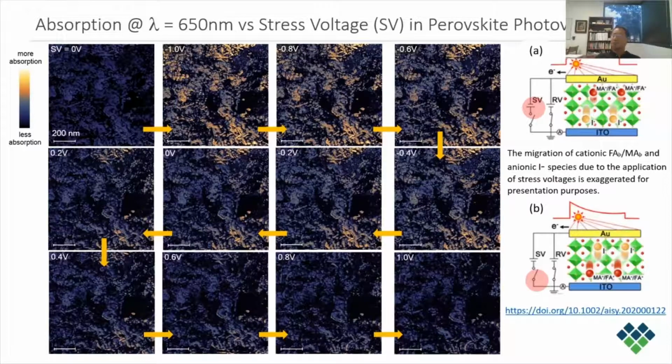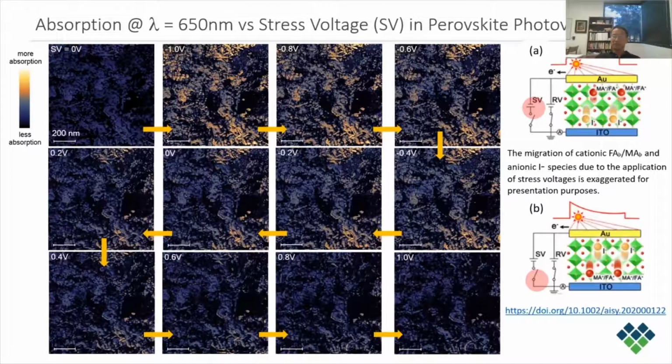When the polarity of the stress voltage is reversed, corresponding to figure B, the organic cations are driven away from the perovskite surface area by the electric field, which in turn further reduces the absorption intensity, now shown in PiFM images 7 through 12.